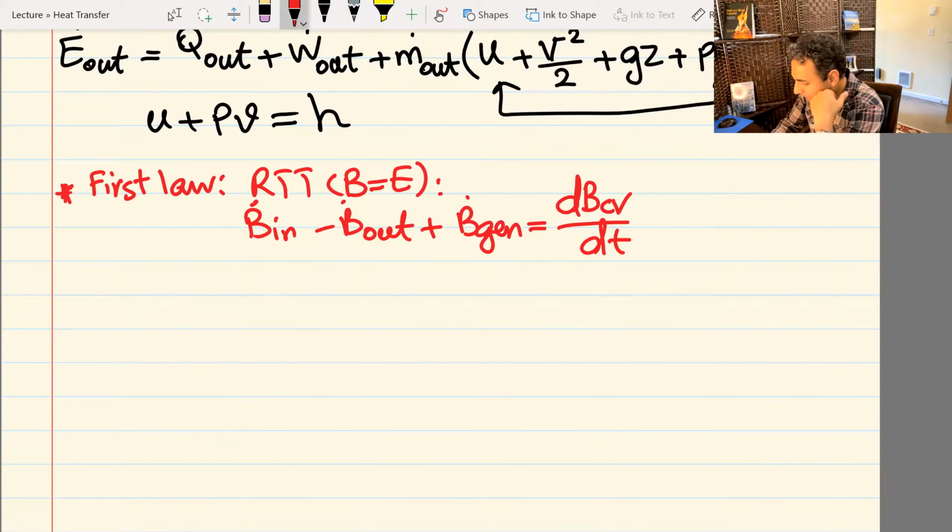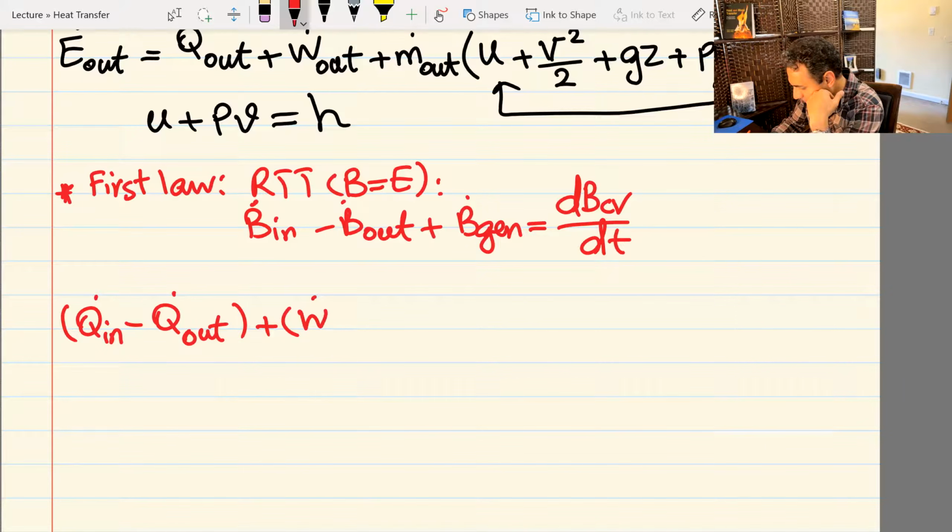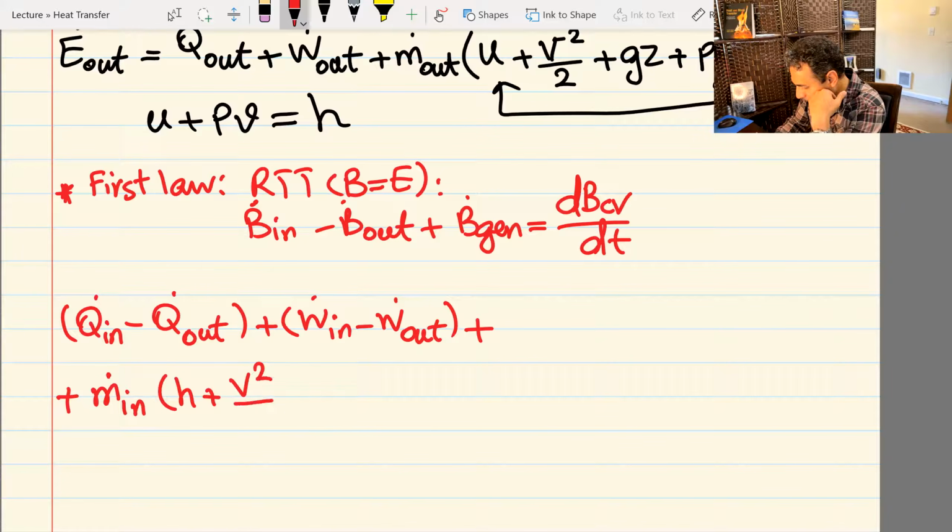As a result of that, first law becomes something like this. Q dot in minus Q dot out plus W dot in minus W dot out plus m dot in times h plus V squared over 2 plus g z in.